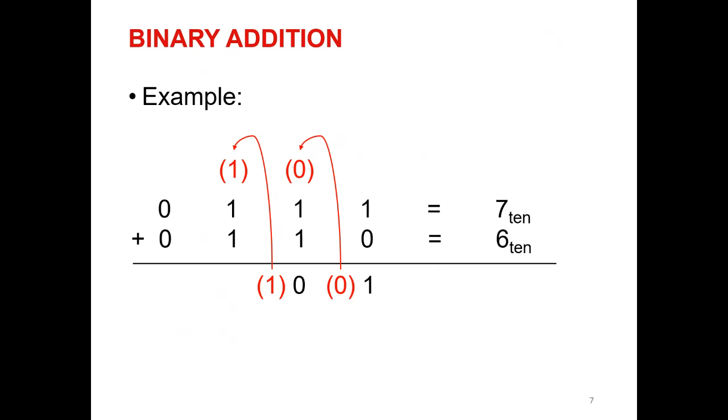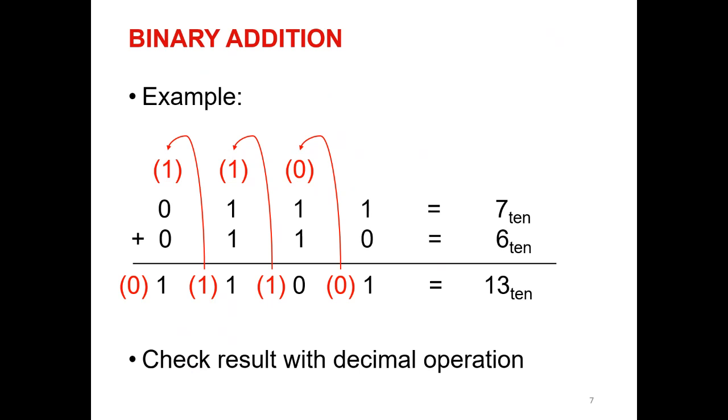So we have 1 plus 1, which is 0, plus 1, which is 1. And we have a carry from this, which is 1. And then we have 1 plus 0, which is 1. And the final carry is 0. I think this is simple to follow. What we can do to check if we have done this correctly is just check the result with the decimal operation.